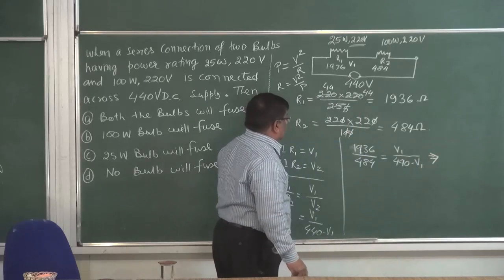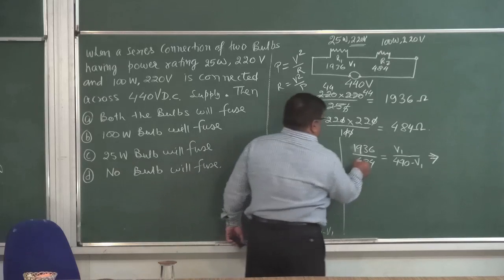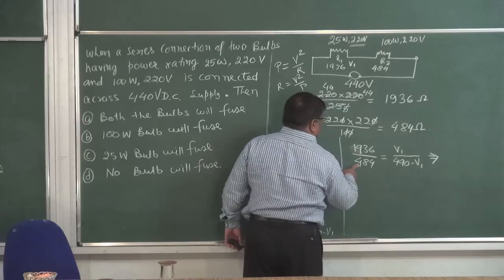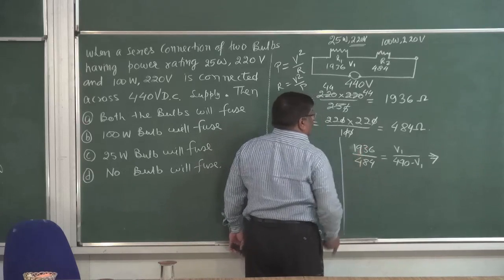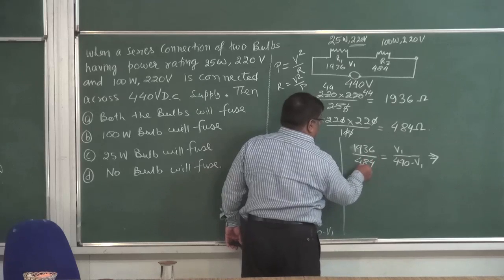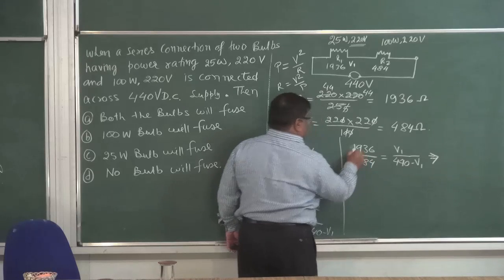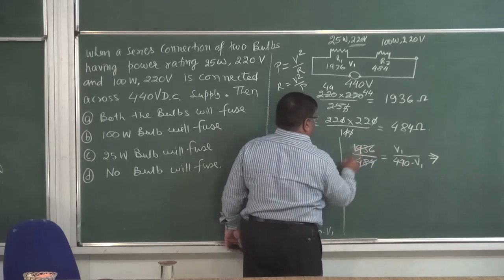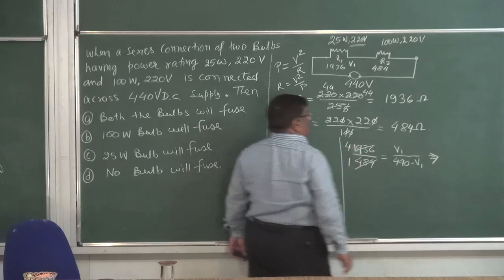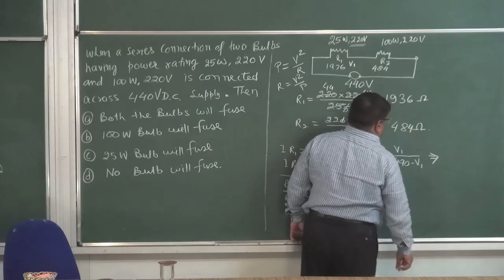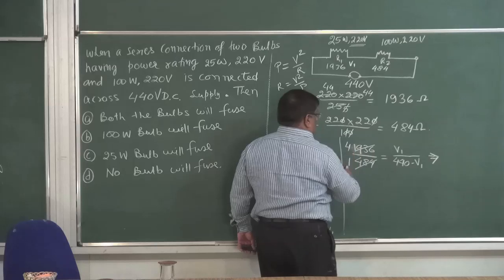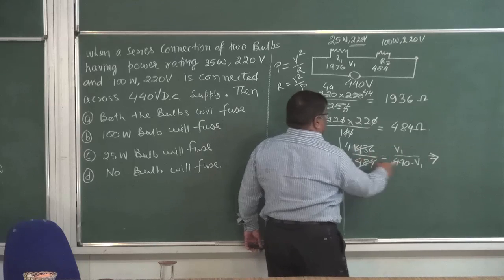Okay, now this leads to this, we can cancel. See, it is a multiplication of 4. So this is 4 to 1. Now we can multiply this.